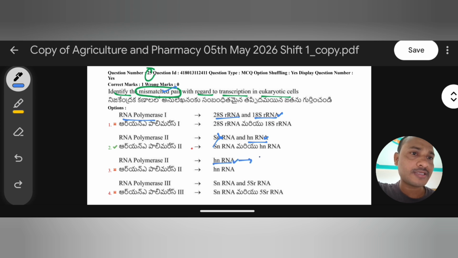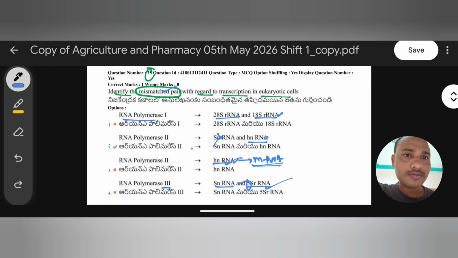And from this hnRNA there is formation of mRNA. Hence hnRNA is a precursor of mRNA. So this statement is right. RNA polymerase 3, yes, snRNA and 5S RNA. See, generally ribosomal RNAs are transcribed by RNA polymerase 1, but except 5S ribosomal RNA, which is synthesized by this RNA polymerase 3. So this is also right.